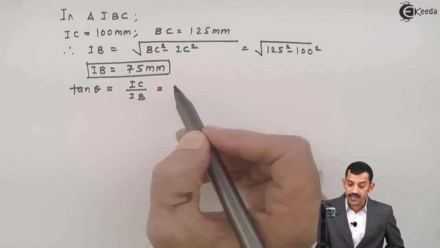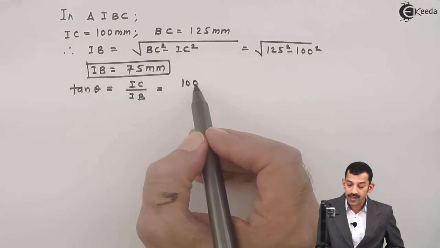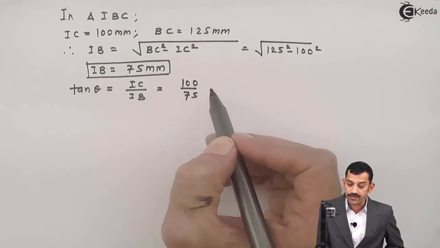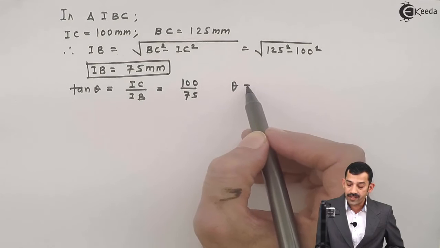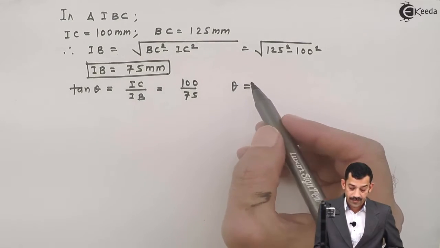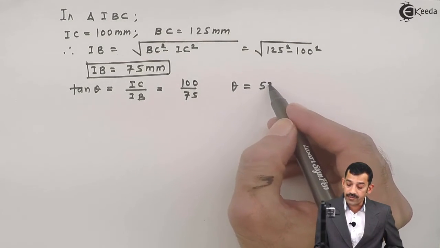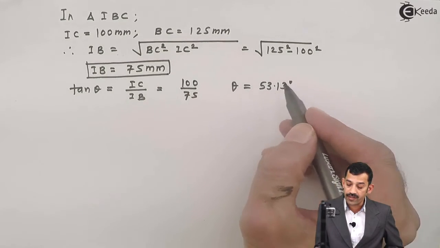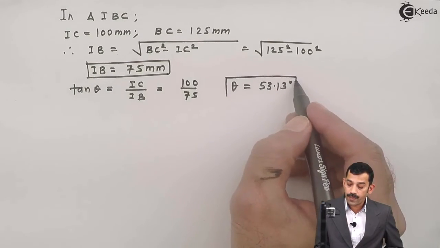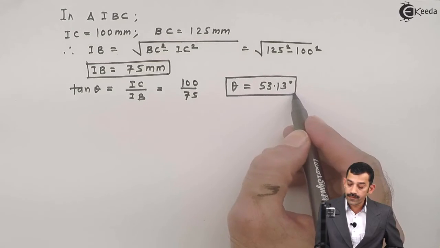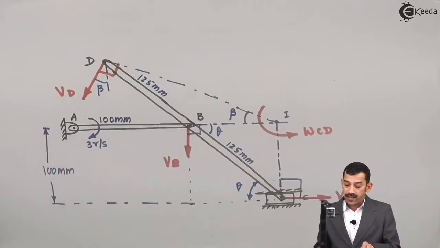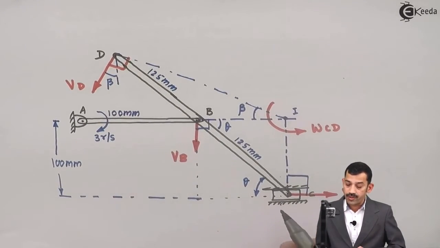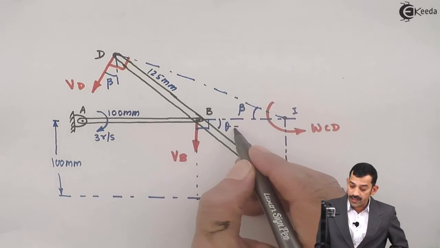IC length is 100, IB length is 75. That means angle theta is tan inverse of 4 by 3, which is 53.13 degrees. Just see the figure, angle theta you are getting is 53.13. That means this angle you have calculated.